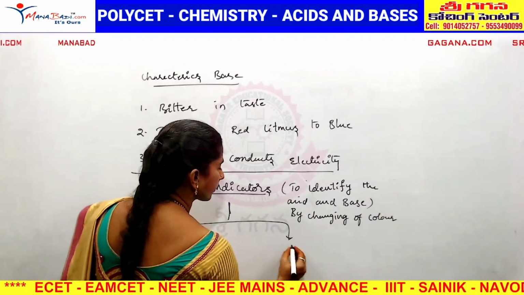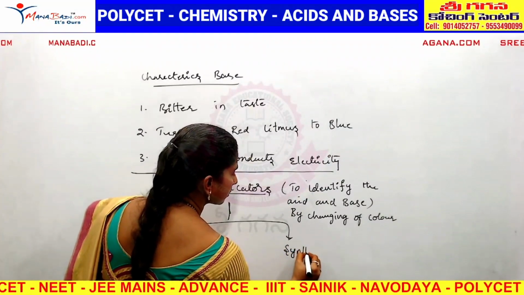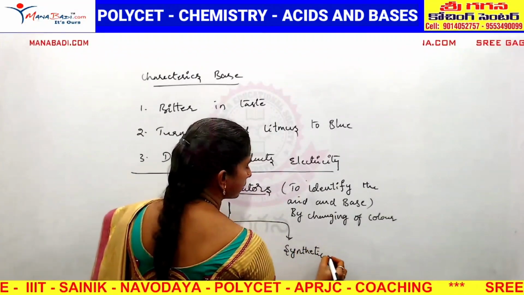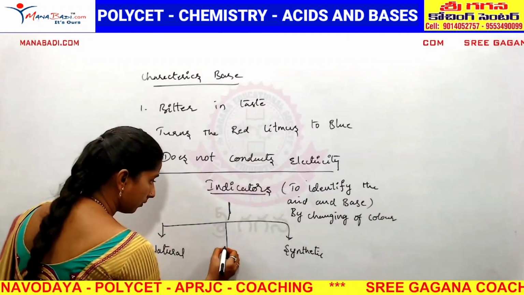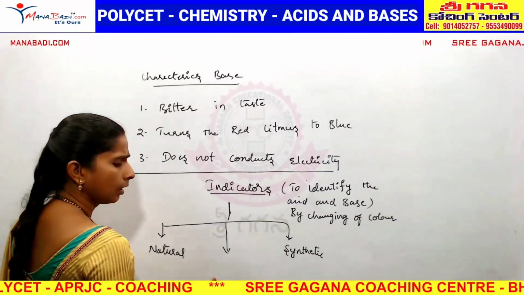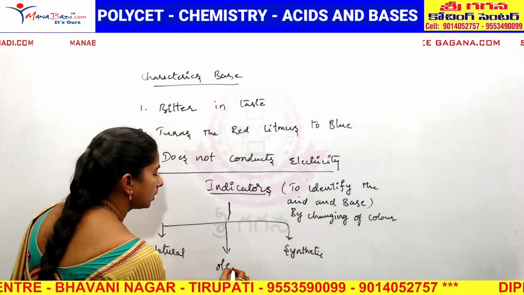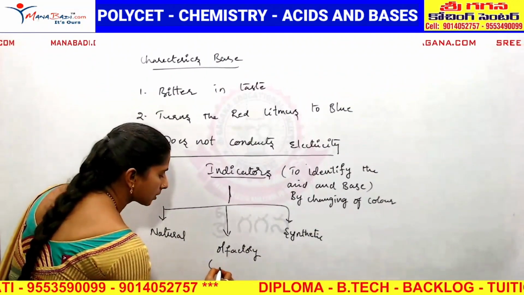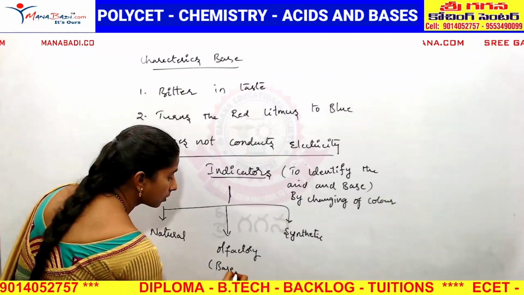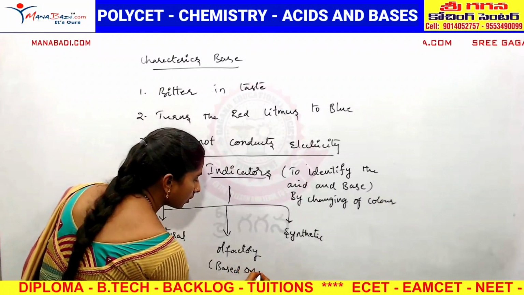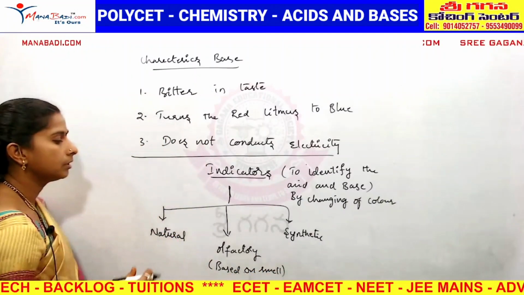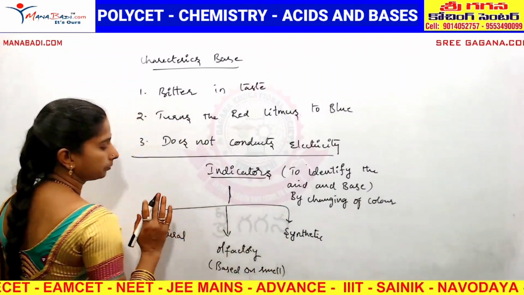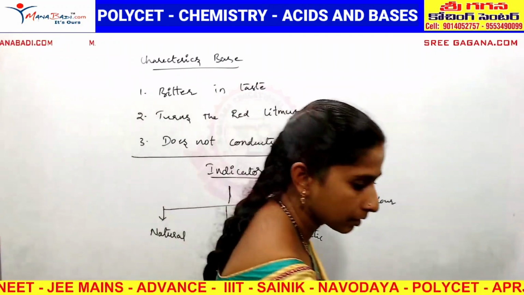Another is artificial, meaning synthetic indicators, which are prepared in the lab. And the third, olfactory indicators, also comes under natural, but we separate it because it is based on smell. Natural and synthetic indicators are based on change of color, but this is based on smell.